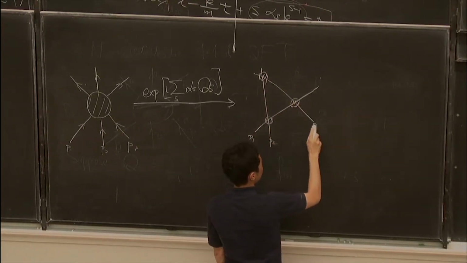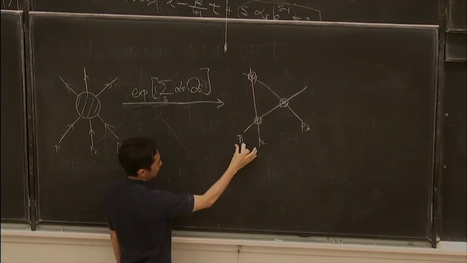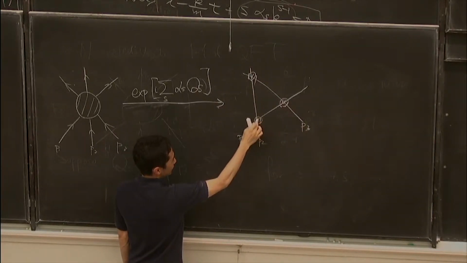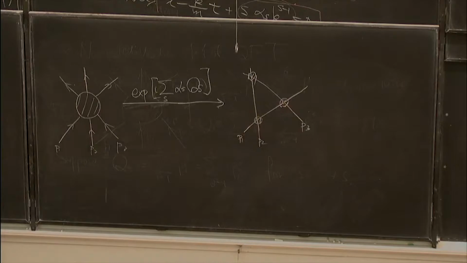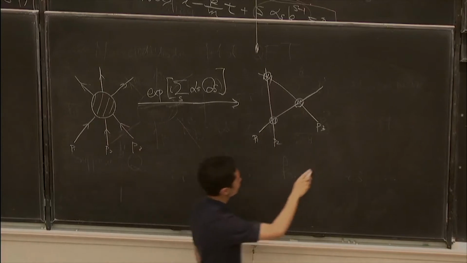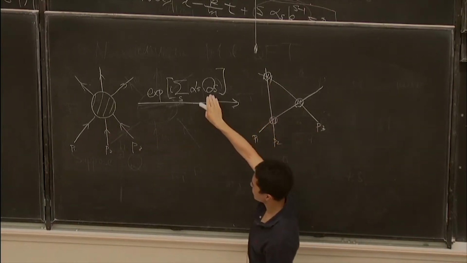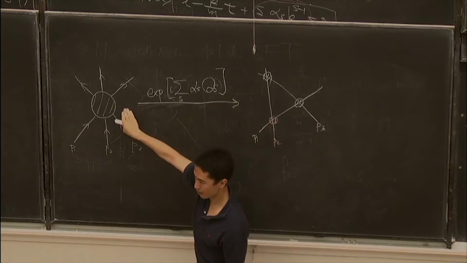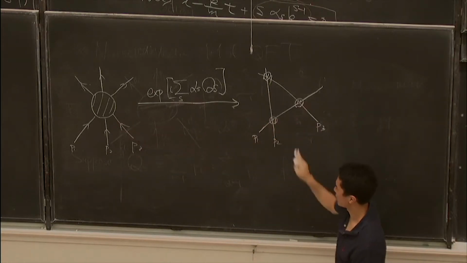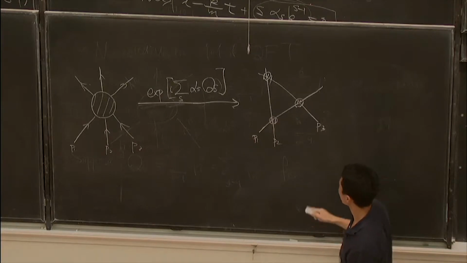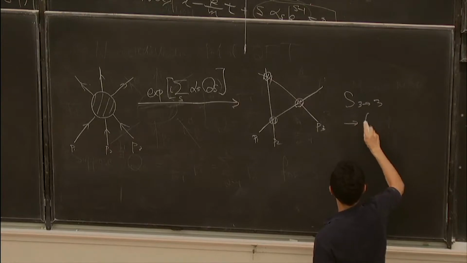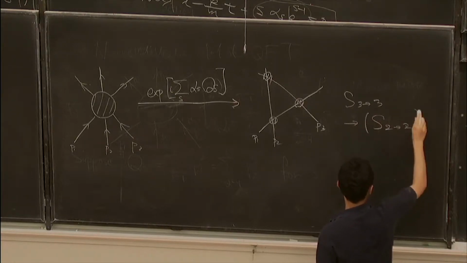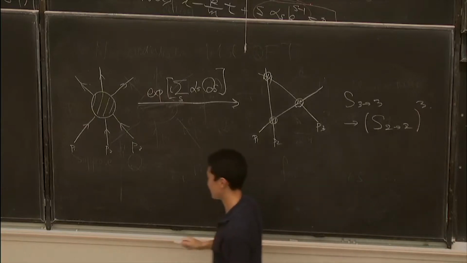This picture means that the scattering of 1 and 2 happens here, which is far separated from the point at which the scattering of P1 and P3 takes place. And we know that this is a symmetry of the theory, so the S matrix shouldn't change before and after the application of this symmetry generator. So this first of all means that the 3-to-3 scattering amplitude must factorize into three 2-to-2 scattering amplitudes.